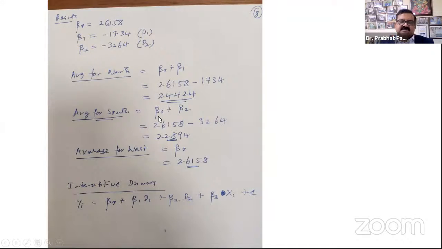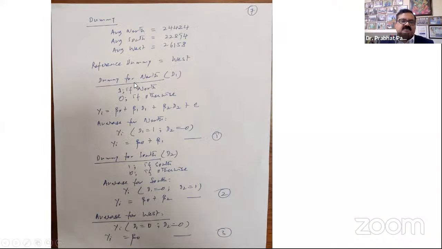As per the equation, the average salary of the south will be beta 0 plus beta 2. So beta 0 is 26158 and beta 2 is minus 3264. So it comes to 22,894. And what was the simple average of south? 22,894. That's the beauty of this whole calculation, you can see.